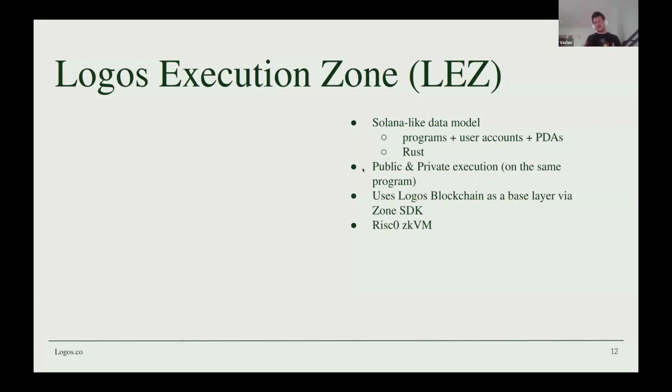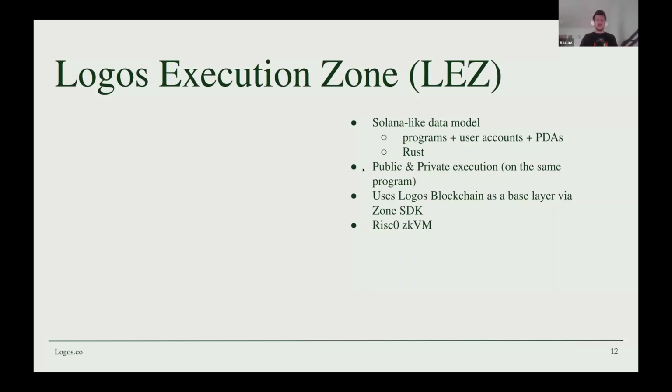In Ethereum, every single node is running the same smart contracts to advance the state because they need to verify that, right? And so here you run it once and then you just verify the proof, because the ZKVM makes sure that the execution was mathematically correct. RISC-0 is just one of the ZKVMs, the one that was picked for Logos execution zone, and it allows you to do this.